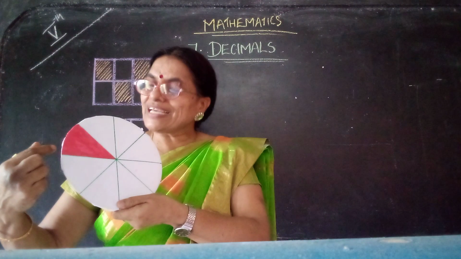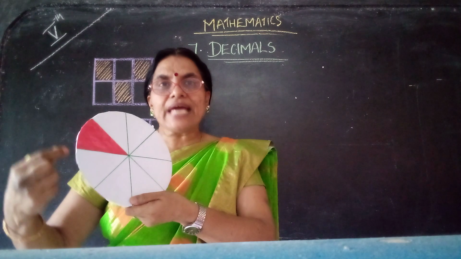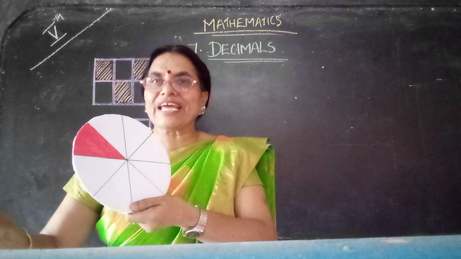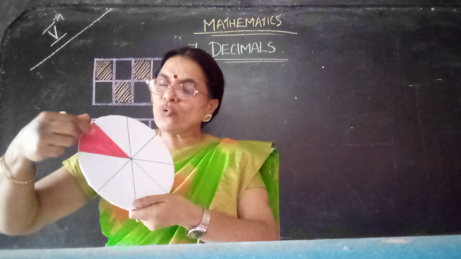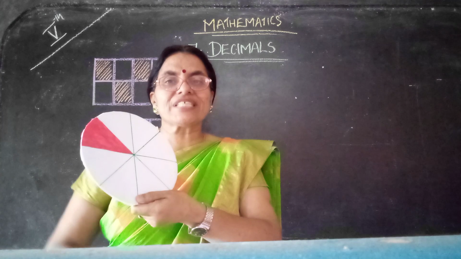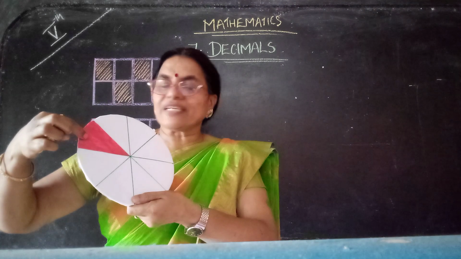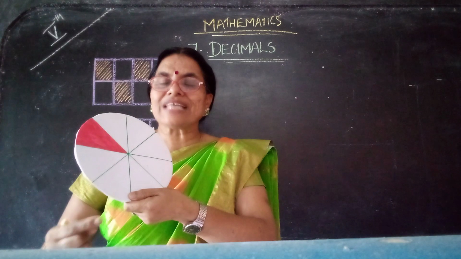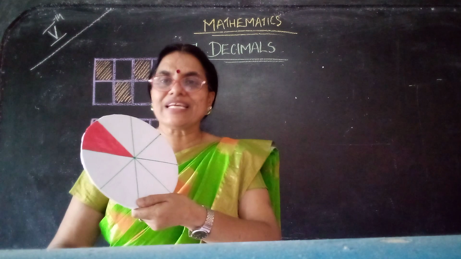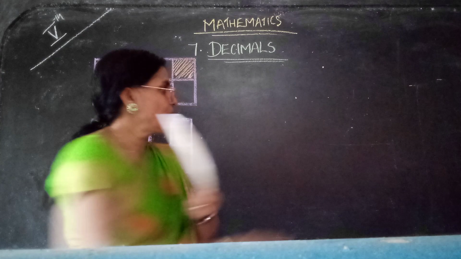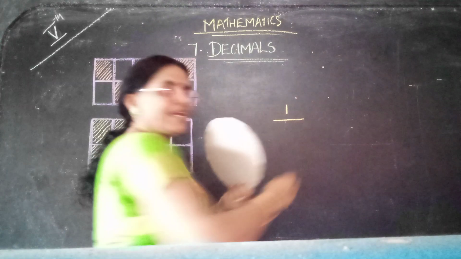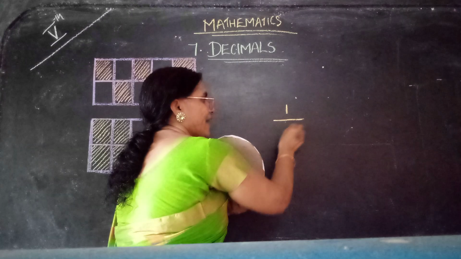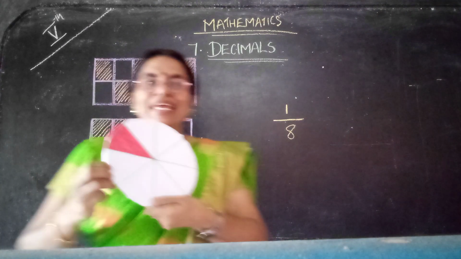Okay, children. How will you write it in fraction? One part is red color, others are white. How can you write it as a fraction, children? Do you remember that? Yes, that is 1 by how many equal parts here? 8. So we can write it 1 by 8.